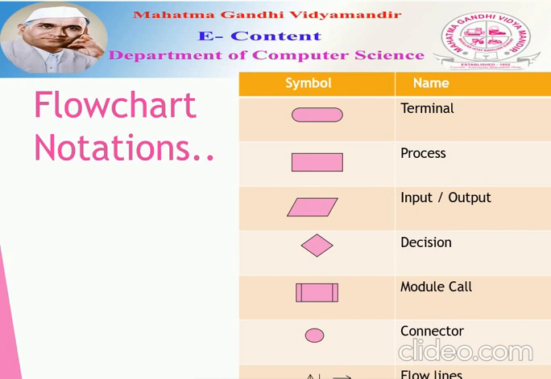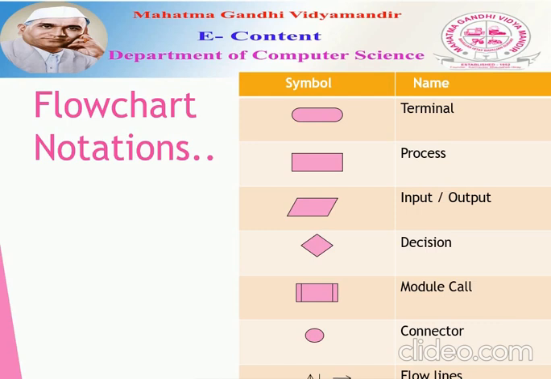Then next is the third one, input or output symbol. So suppose you have to indicate the input or output of the flowchart, then you write it into this symbol. Then fourth symbol is decision.